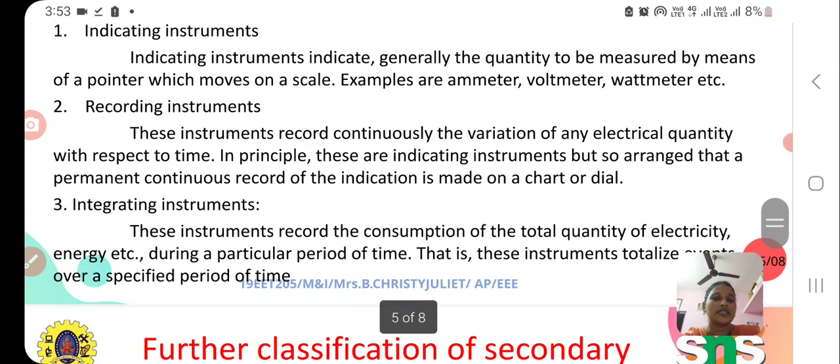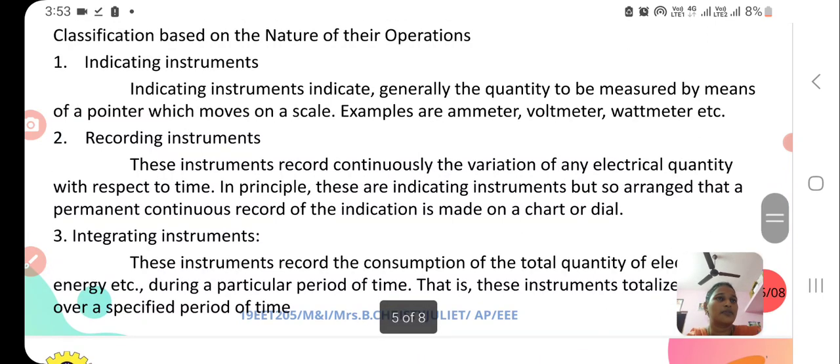And finally, we have integrating instruments. These instruments record the consumption of the total quantity of electricity or energy during a particular period of time. A good example of integrating instruments is the energy meter we are using at home.